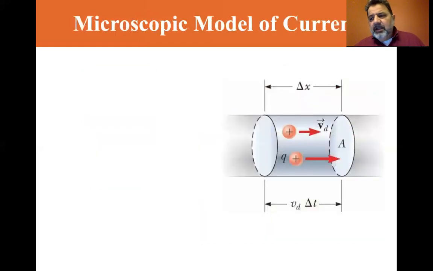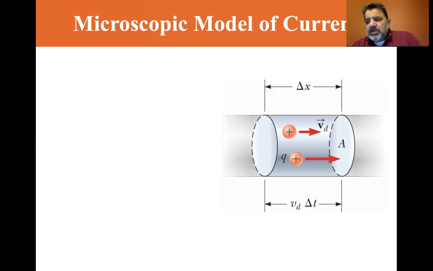Now let's look at the microscopic model of current, and we have this volume. If you have A times delta X, the area times this delta X, you get a cylindrical volume of something like a conductor, and you have n number of mobile charge carriers per unit volume.